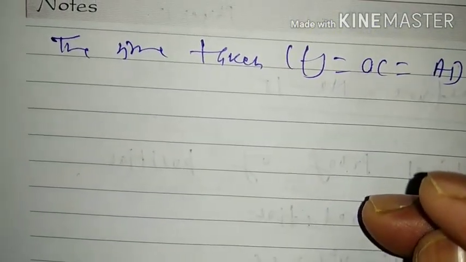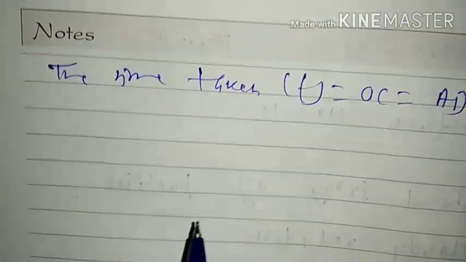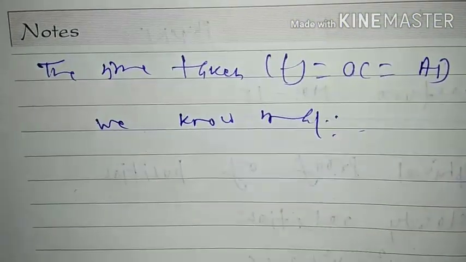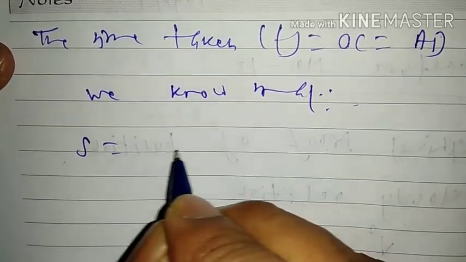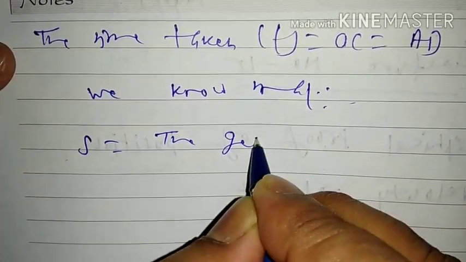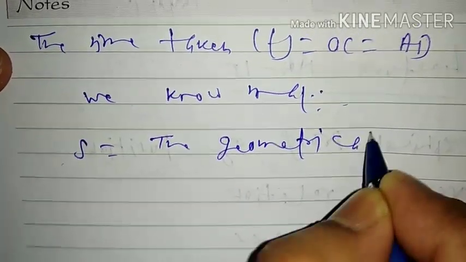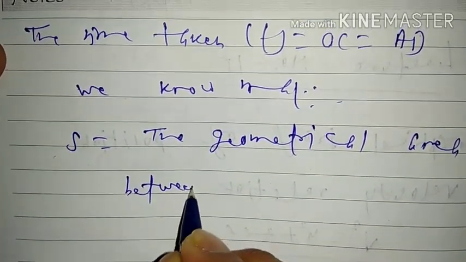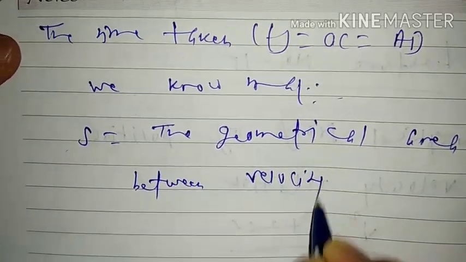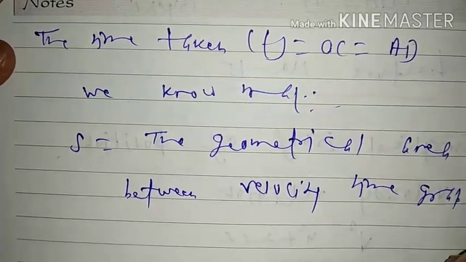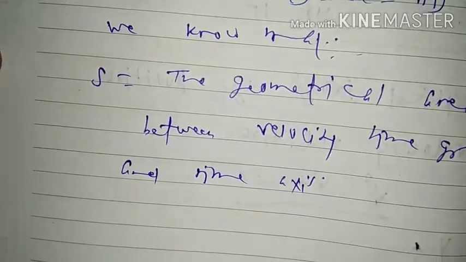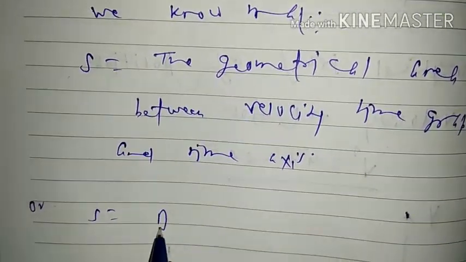So once again, we shall use the same concept and we can write: we know that the displacement or distance S is equal to the geometrical area between the velocity time graph and the time axis, or here S is equal to the area OABC.